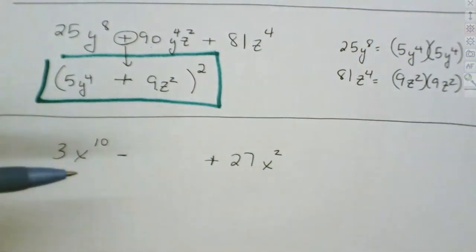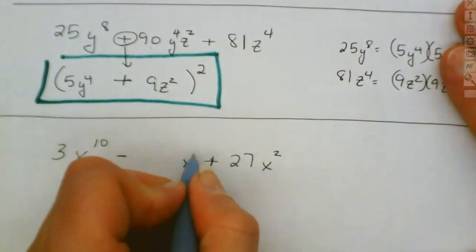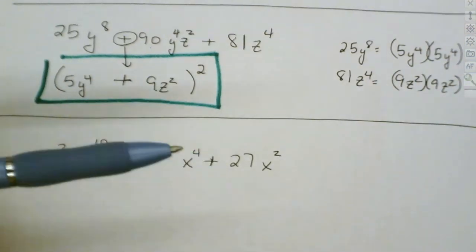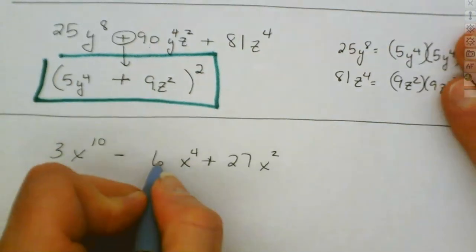And let's see, x to the fourth will be in the middle here, because that'll come out of there. And let's see, what else do we need here? That 3 will come out, so that'll leave you with a 9. So 6x to the fourth in the middle.